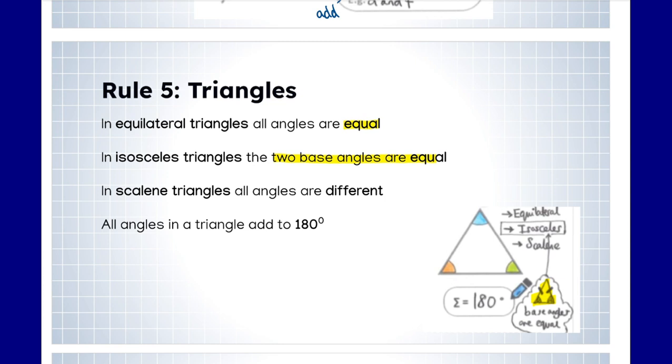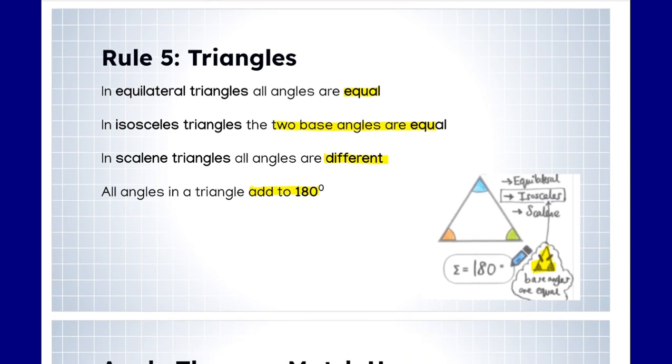In a scalene triangle, all angles are different. And all angles in a triangle have to add up to 180, regardless of the type of triangle.